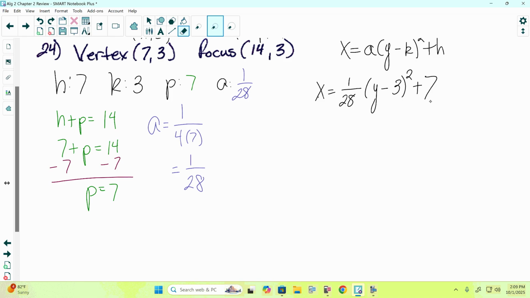So we plug k into k's spot, h into h's spot. If we have a negative negative, that makes a plus, and if we added a negative, it would be the same as a minus. Question on number 24.